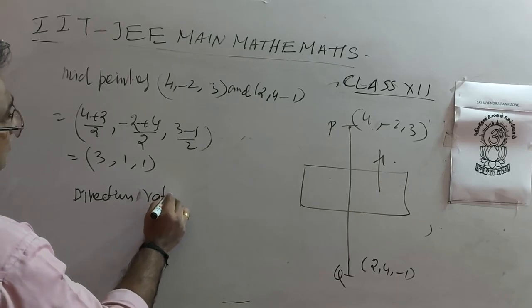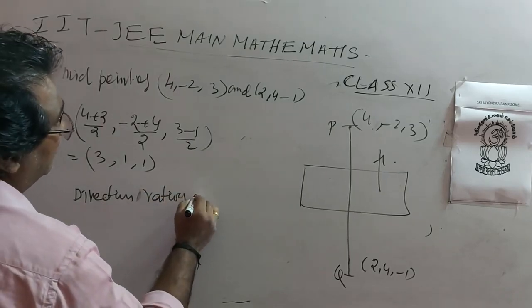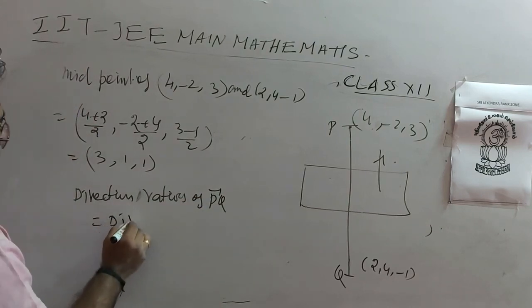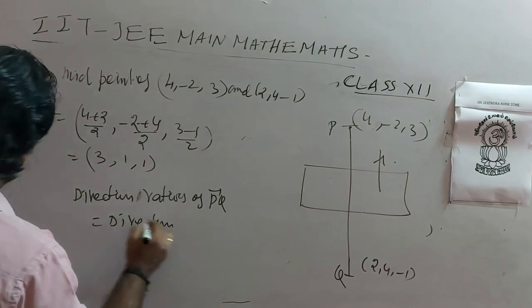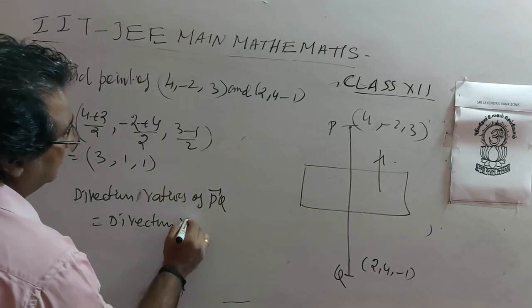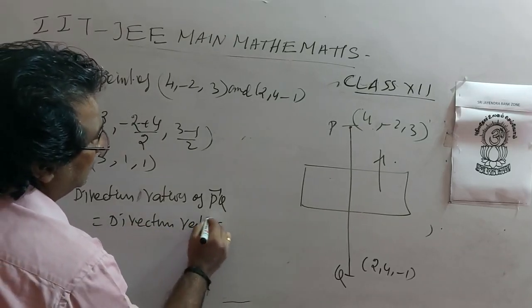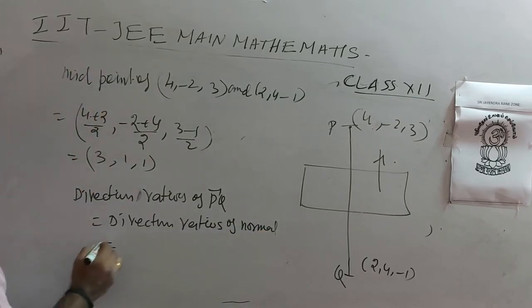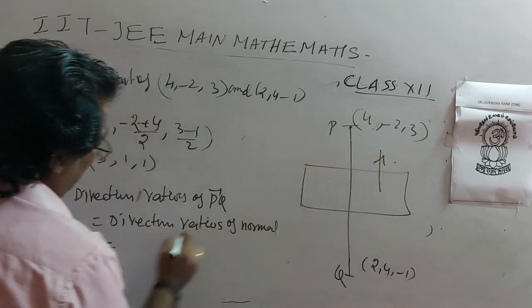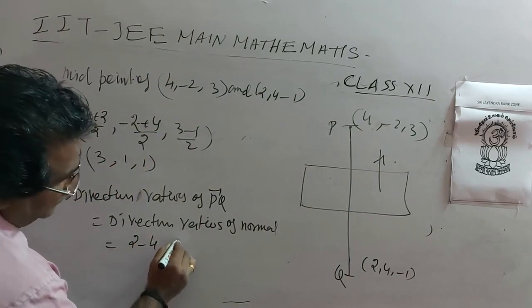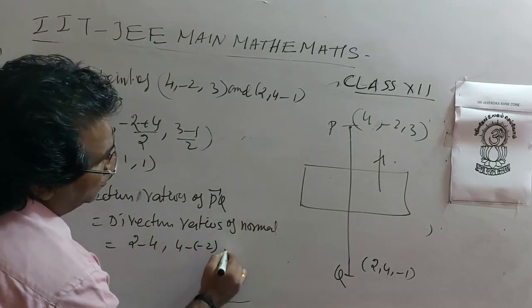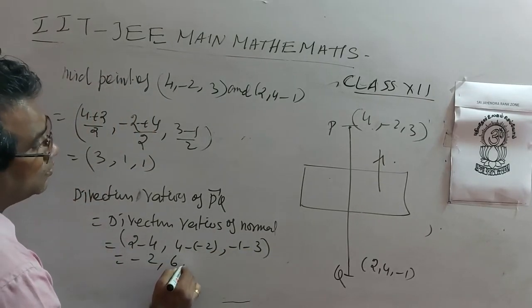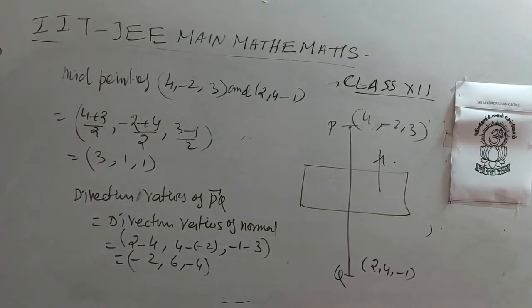Direction ratios of PQ equal to direction ratios of normal, equal to 2 minus 4, 4 minus of -2, -1 minus 3, that is -2, 6, -4.